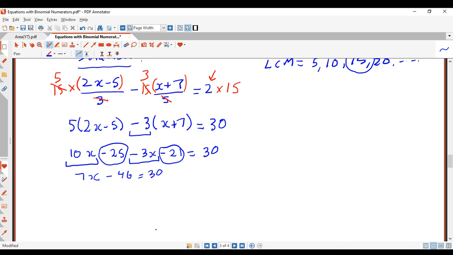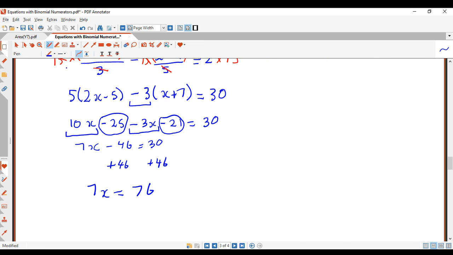Okay, so from there, we're going to now add 46 to both sides. And that's going to give you now 7x is equal to 76. And then the last step, we're going to just divide now by 7 to get the x by itself.